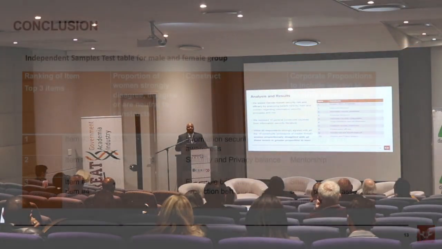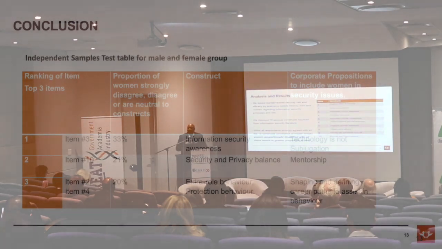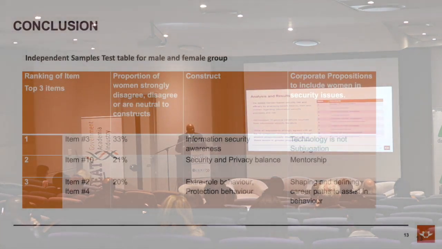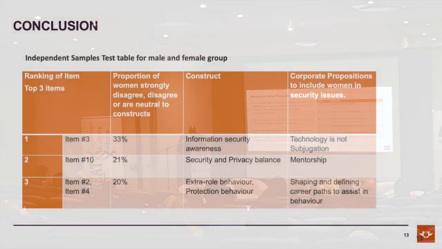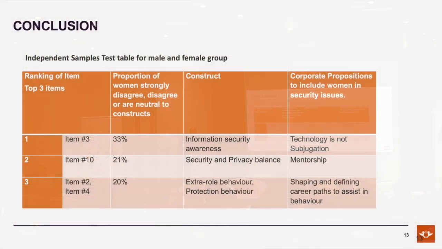So one of our conclusions was that there's still a distinct difference between the efficacy of men and women. But with women, the constructs are that they believe technology is not subjugation.